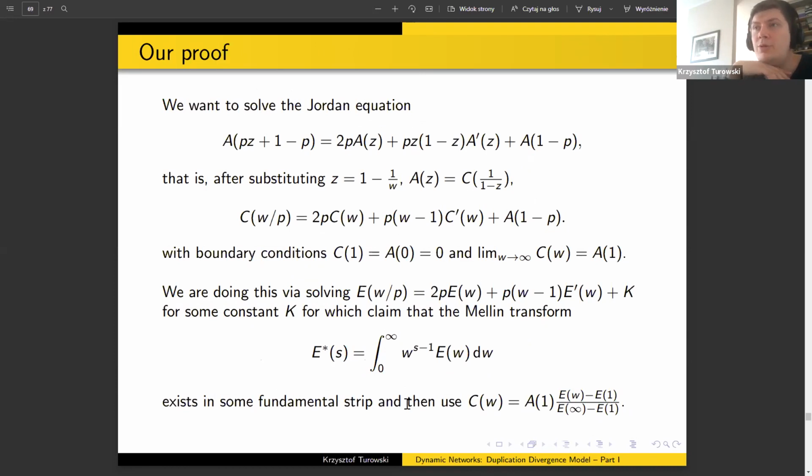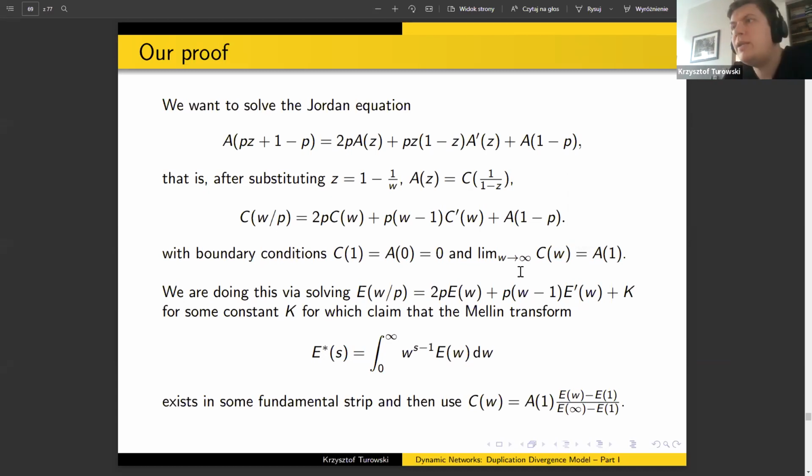Okay, and we knew there are boundary conditions because, of course, since A is a probability distribution, it has to have certain boundary conditions. Then we wanted to use the transform which is called the Mellin transform, and which is defined like here. The problem is that the Mellin transform requires us to have boundary conditions not at 1 and infinity, but at 0 and infinity.